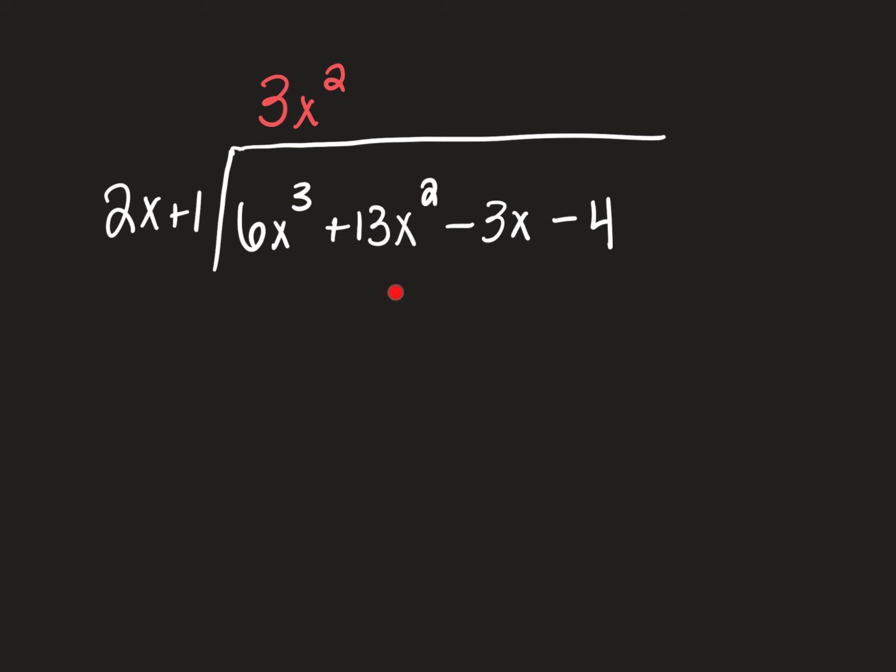I'm going to write it under my first things. I'm going to put a minus sign and parentheses, because we have to remember to subtract. The parentheses are important because you have to subtract the whole thing. So 3x squared times 2x is 6x cubed, right? Let me scoot this over a little bit.